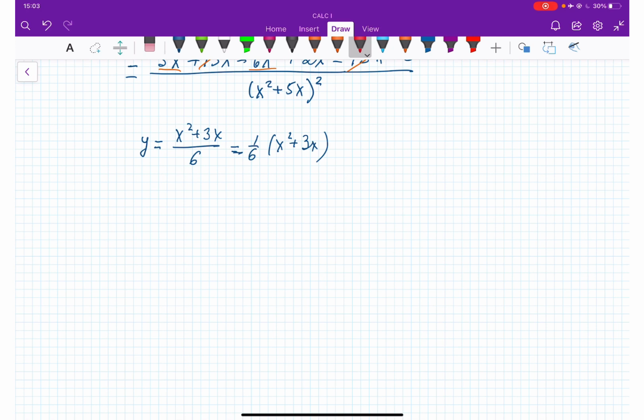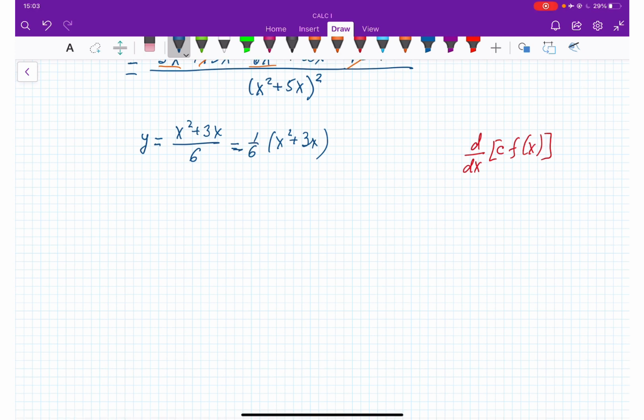To remind you, the constant multiple rule says the derivative by x of c times f of x, where c is a constant, is equal to c, the constant stays out, and we take the derivative of only f of x. So as you can see, I could take the constant out of the derivative. This is the constant multiple rule.